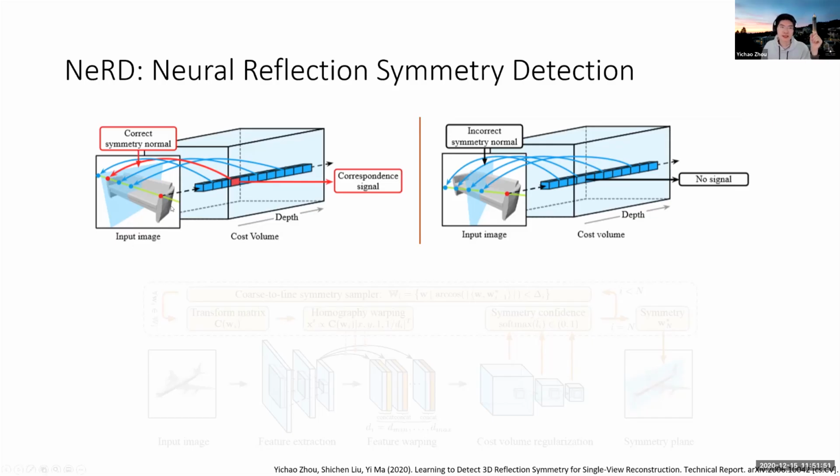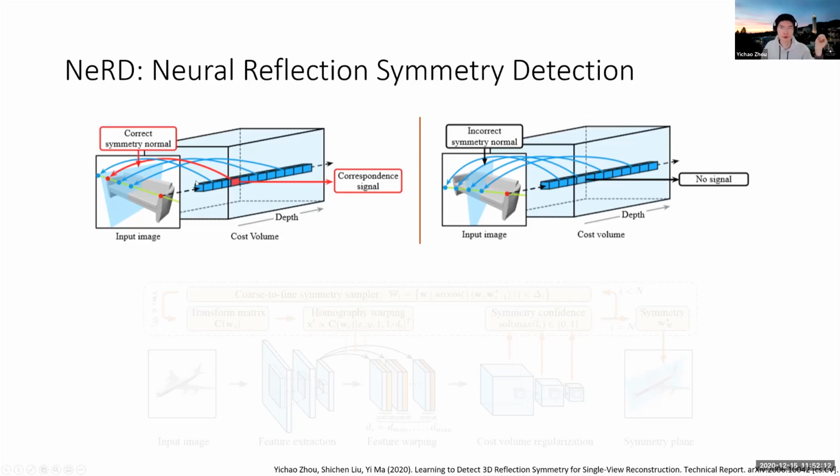So basically, for each pixel, we need to search along this line and check if we can find a corresponding point on this line or not. Actually, the process of searching for this corresponding point is equivalent to saying we need to determine the depth of this pixel.